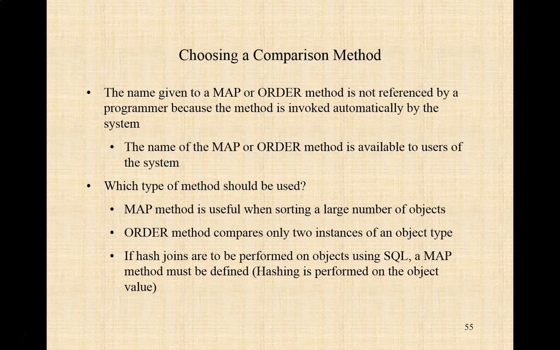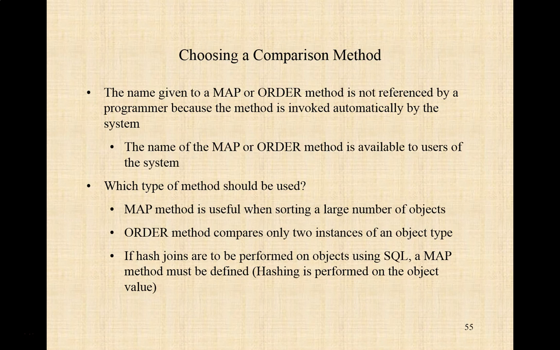That's because the purpose of the comparison method is to provide the system with some way to perform the comparison. So the method would be automatically invoked by the system. Remember, we did give an example where we're talking about a rectangle object and we called the function area, and that was the basis for comparison, then it did make sense that the programmer might invoke that. For this reason, the name given to the method is available to users of the system.